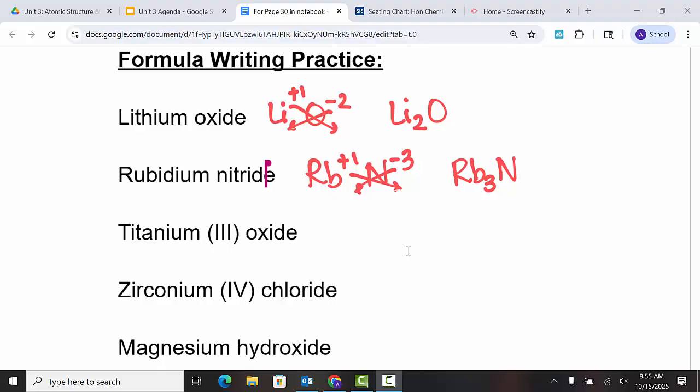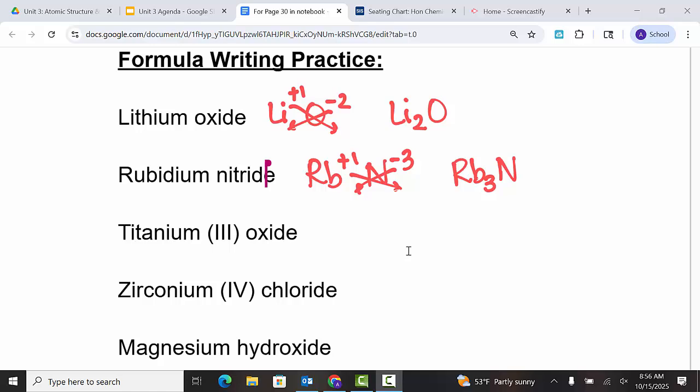Now let's try our first transition metal that you're seeing with these Roman numerals. So titanium is right here in group 4. You don't know the charge of it because if you looked on your periodic table, we didn't label any charges for the middle, the transition metals, because they don't have just one fixed charge. You can't do that. That's what this Roman numeral tells you. So this is Roman numeral 3. So titanium has a +3 charge. If you didn't have this information, you would say, how would I know?